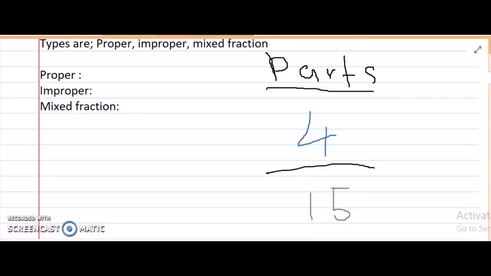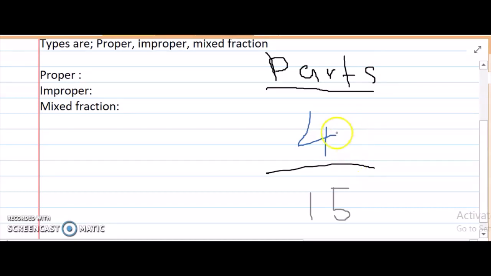So, basically we have 2 parts of a fraction. We have our denominator and our numerator. And in mixed fractions, we have 3 parts. We have the whole, the numerator, and the denominator. So, I think I talked about the mixed fractions when I was explaining mixed fractions. So, let me talk about the denominator and the numerator.